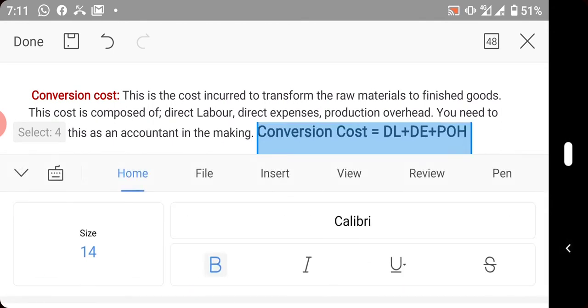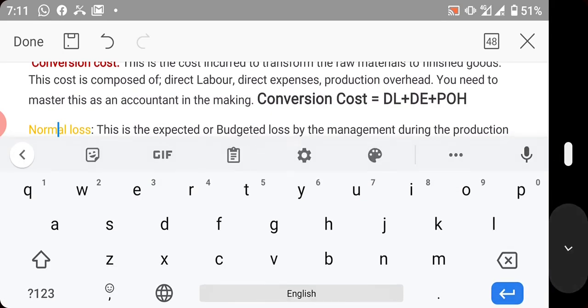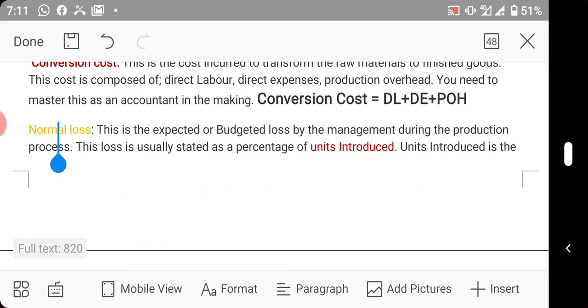So we'll continue now. Move to normal loss. What is normal loss? Normal loss is the expected or budgeted loss by the management during the production process. You understand? So now the budget we would expect. Normal loss is a loss we expect to happen.